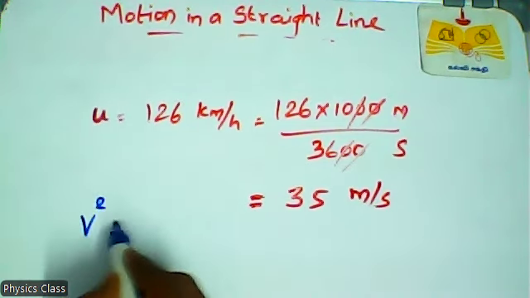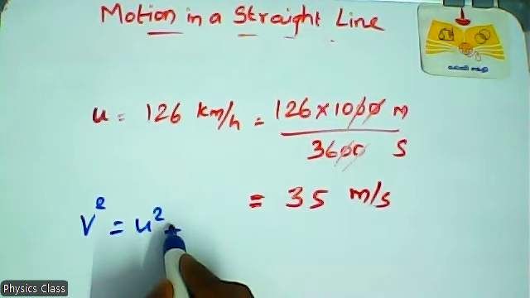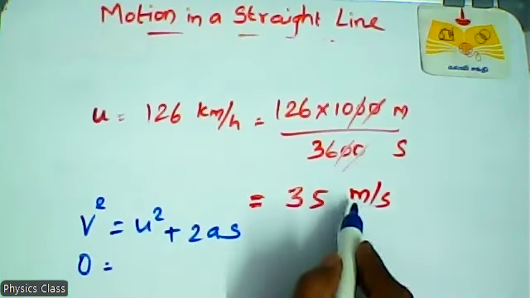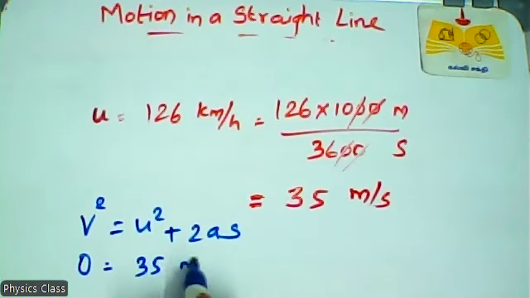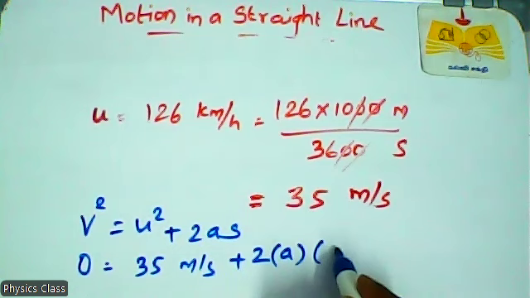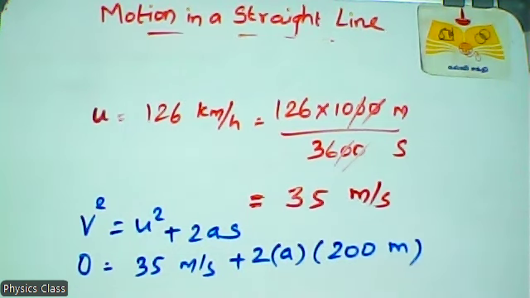v square equal to u square plus 2as. v is 0, u is 35 meter per second, plus 2a. We don't know a, so we have to find a first, but s is there, that is 200 meter. Then we will go into the time.